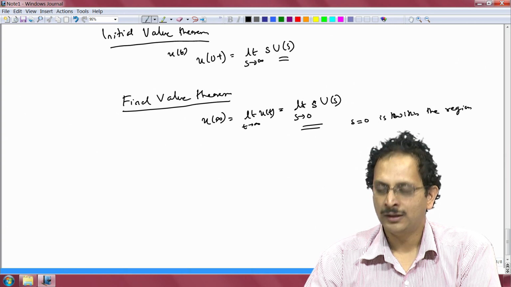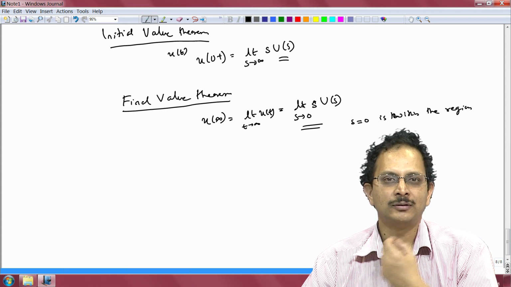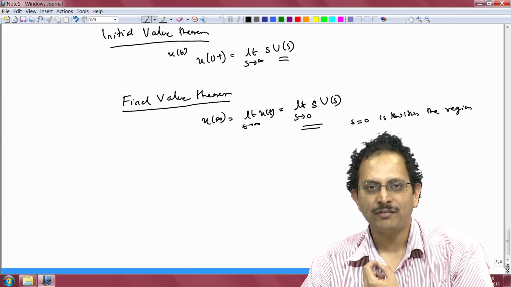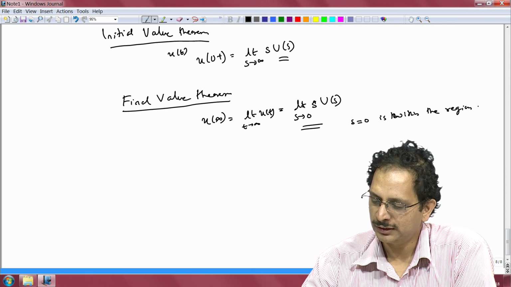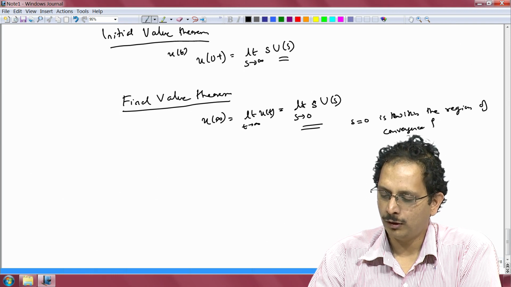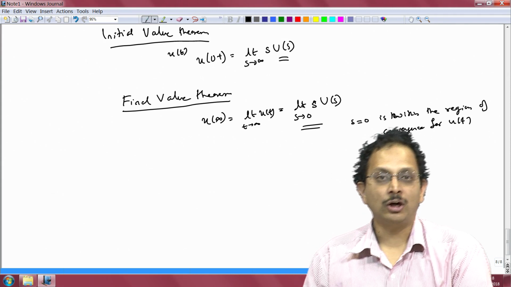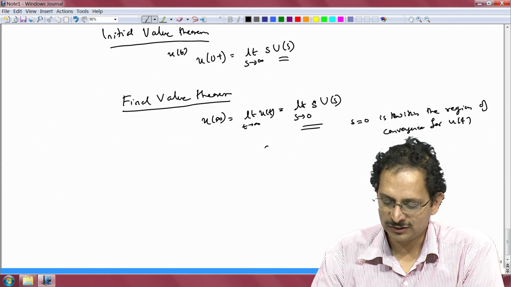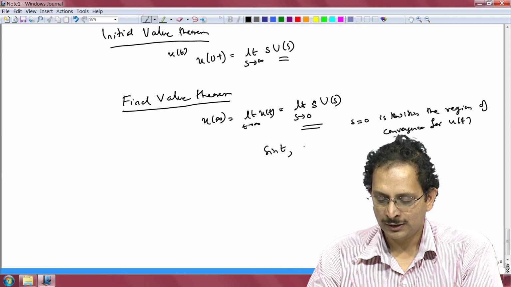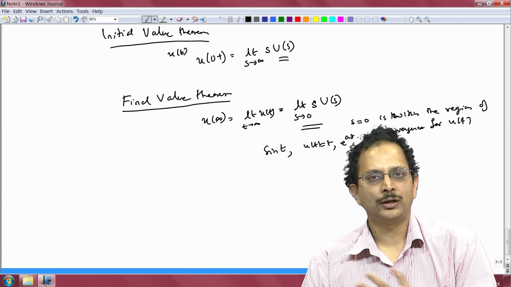In other words, the point s equal to 0 should be a point at which the Laplace integral has a finite value. Hence, it is not applicable for signals such as sin t, or u(t) equal to t, or e to the power at, and so on.